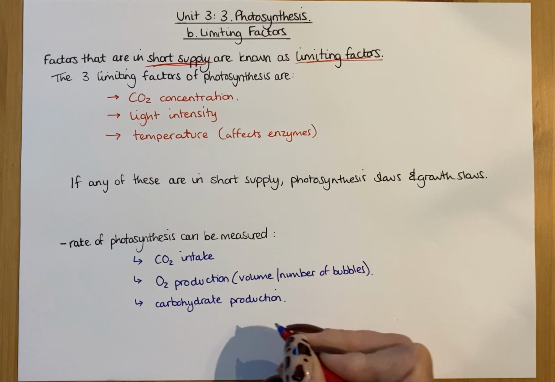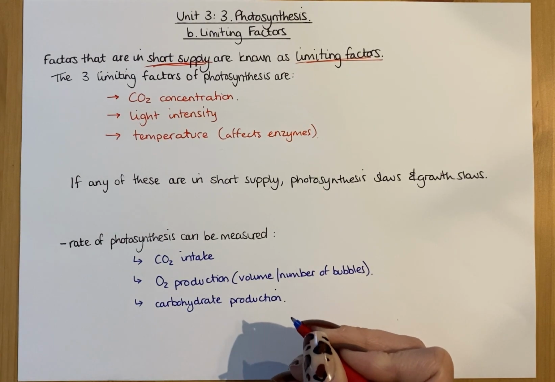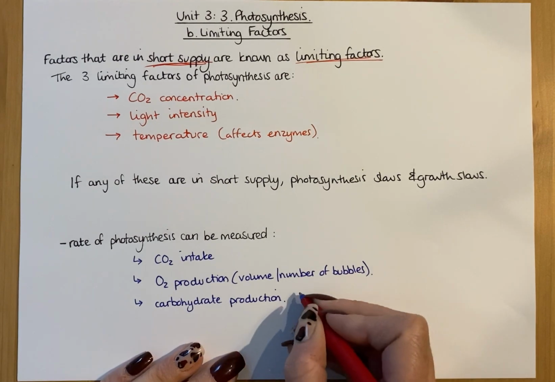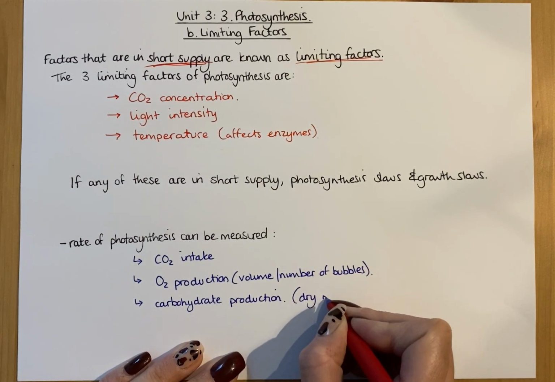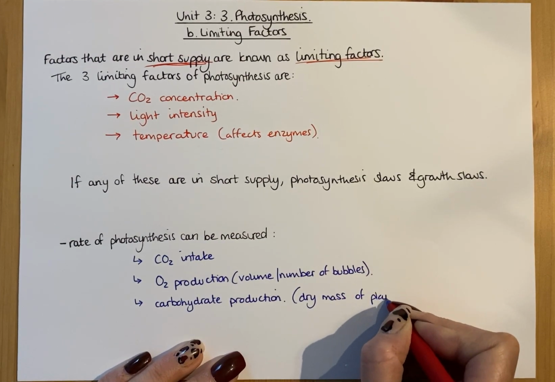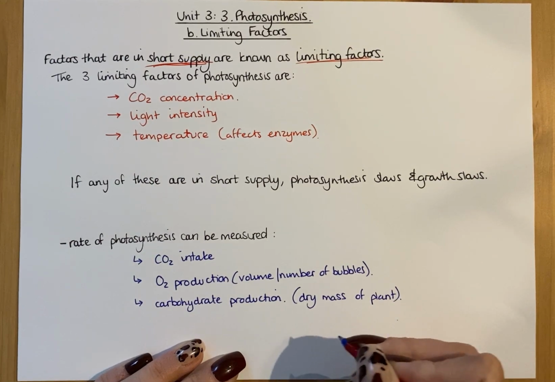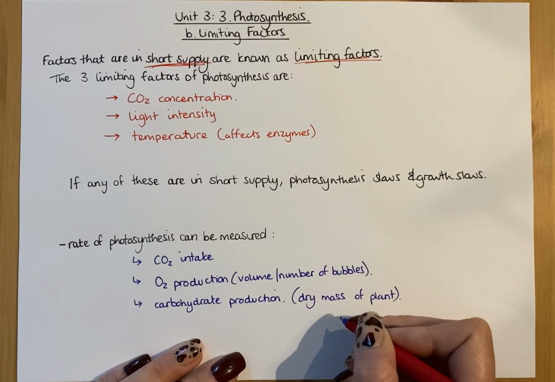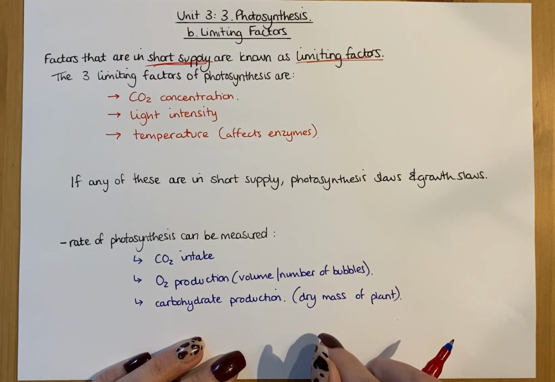So you wouldn't really tend to measure the sugar involved in that because sugar tends to be stored or used in something else. So what you can do is measure the dry mass of a plant. Okay, and that will then determine whether it increases. It means it's storing more starch, for example, or it's making more cellulose and therefore it's photosynthesizing. Or if it's lowering, then it's producing less of that.